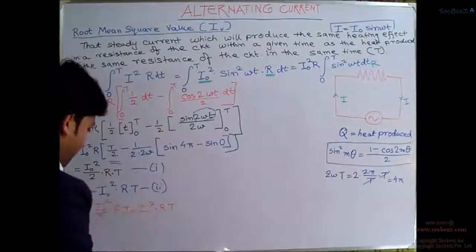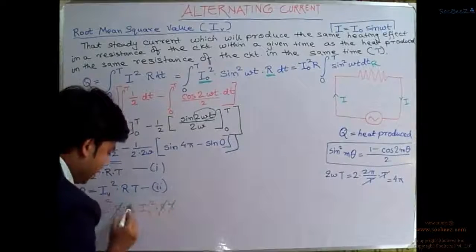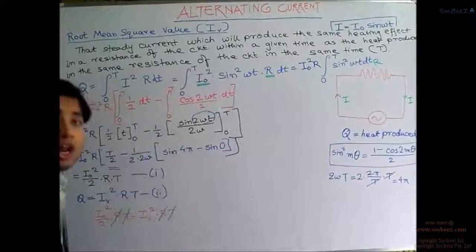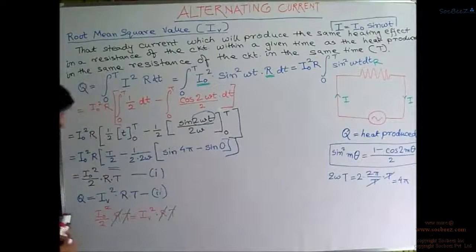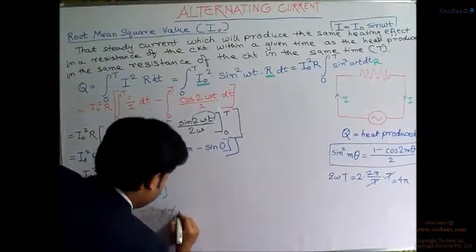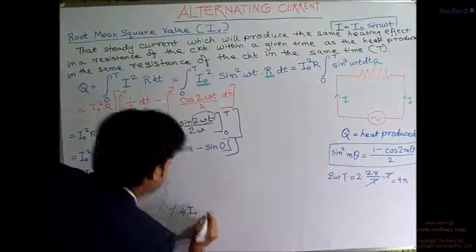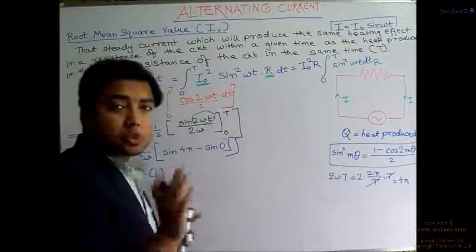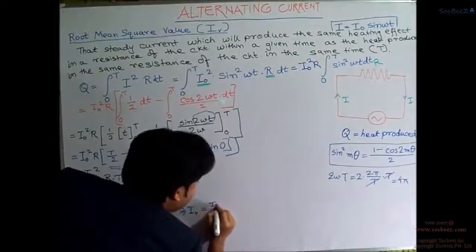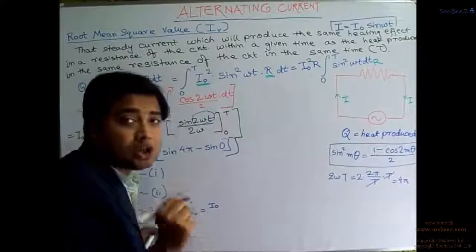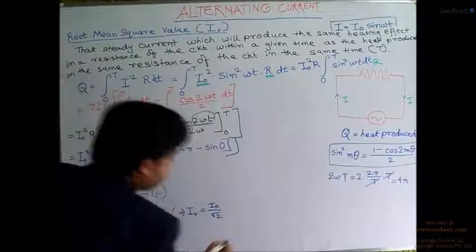Over here, this R will be cancelled out, and this T will be cancelled out with this T. So now the expression will look like this: IV, or the root mean square value, will be equal to I naught, or the peak value of this alternating current, divided by under root 2.